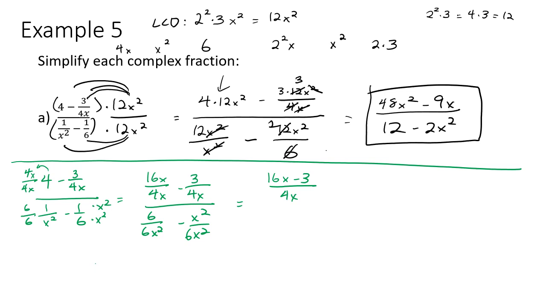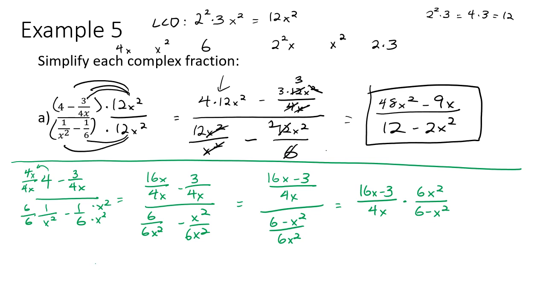So on the top, that's a 16x minus 3 over 4x. On the bottom, that's a 6 minus x squared over 6x squared. And now it's a division problem. So this is the top fraction, 16x minus 3 over 4x, divided by this, or multiplied by the reciprocal, 6x squared over 6 minus x squared.